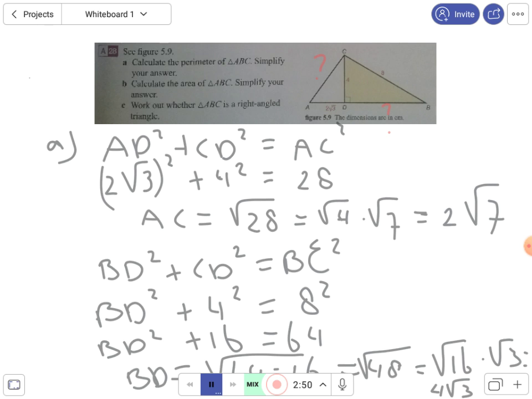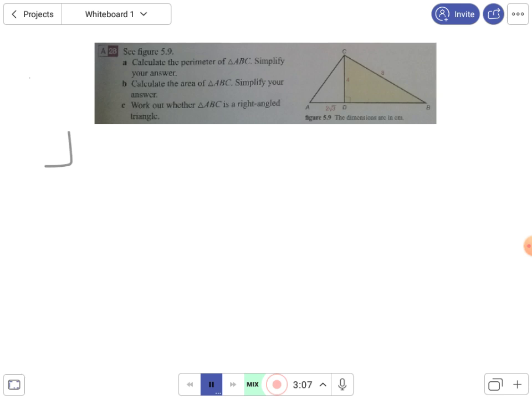The perimeter is AD plus BD plus BC plus AC. So you need to add all of those. AC is 2 square root of 7 and BD is equal to 4 square root of 3.